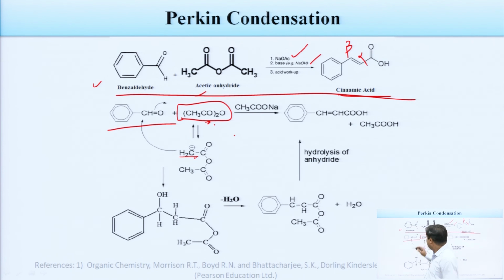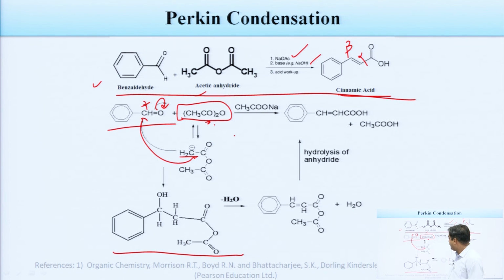How is it generated? Again the double bond electrons will move toward the oxygen. At that time this carbon becomes positively charged. At that time the carbanion will attack that particular positively charged carbon and we are getting this product. You can see over there.